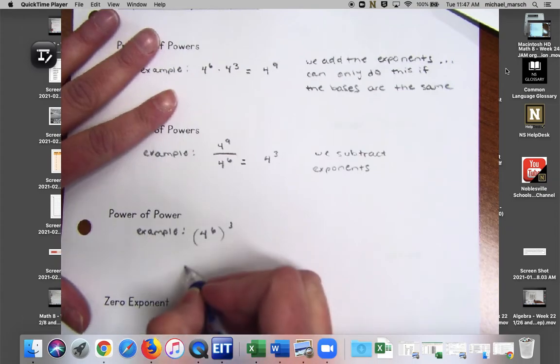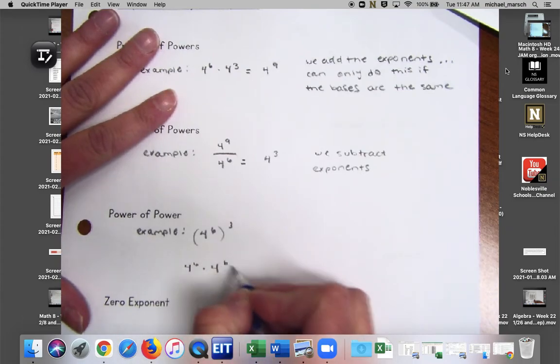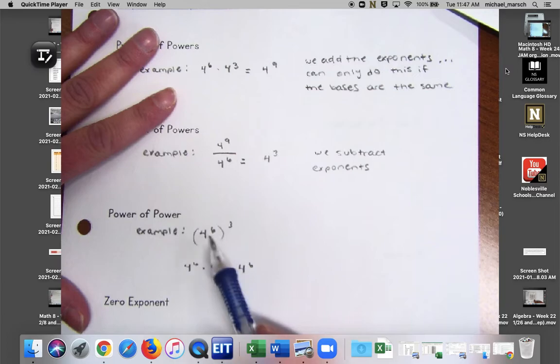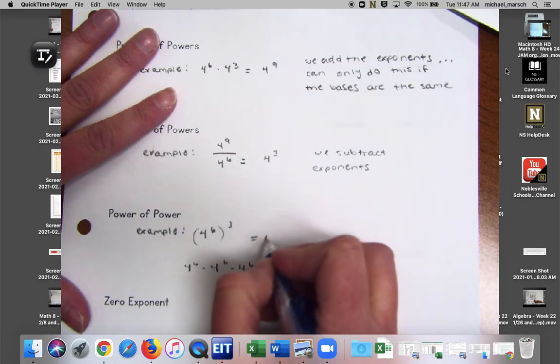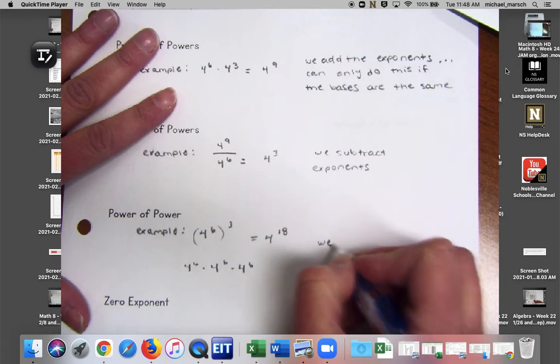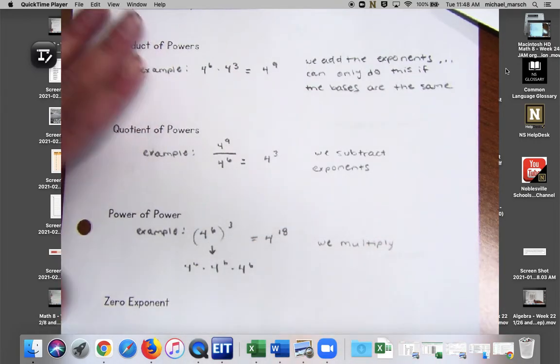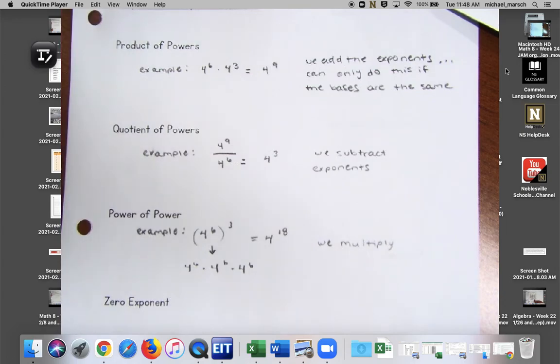Because really what this is saying is 4 to the 6th times 4 to the 6th times 4 to the 6th. And I would just add those, right? But what's the shortcut for addition? Multiplication. Right? All right, how are we feeling?